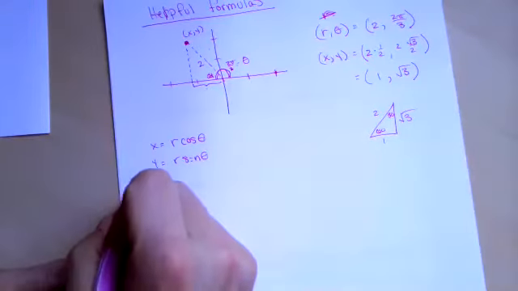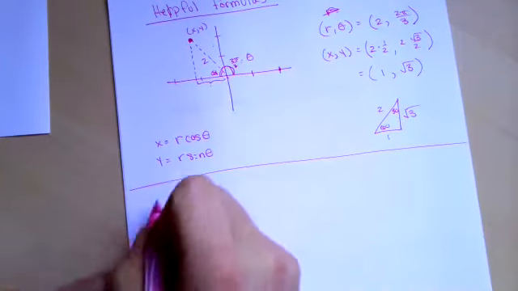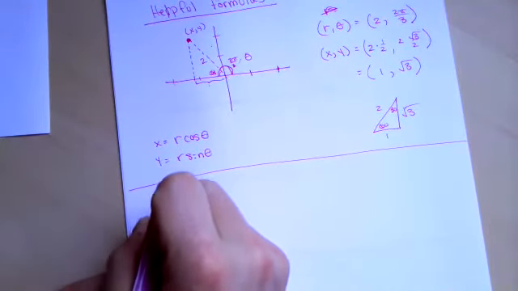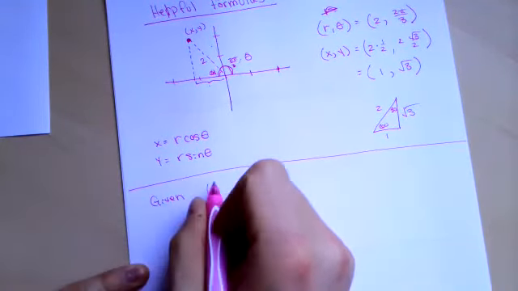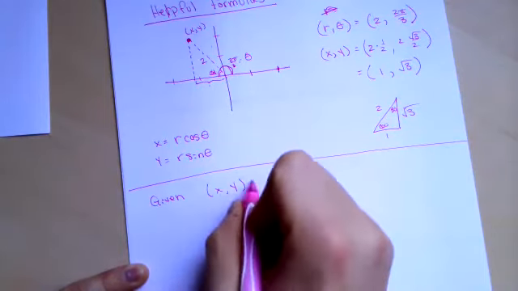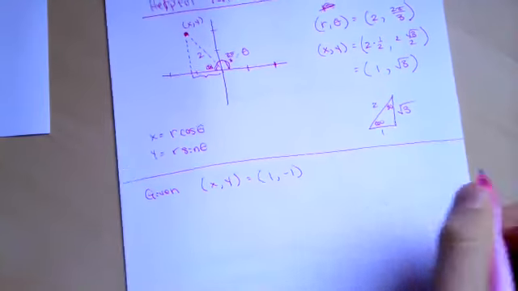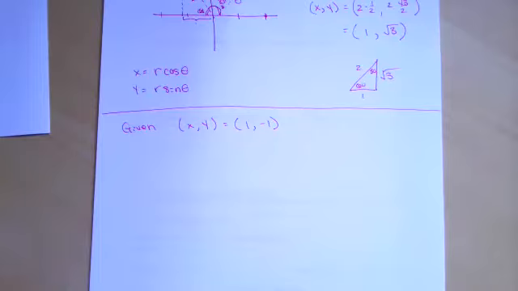Conversely, if I'm given a point in rectilinear coordinates, if my xy coordinate is (1, -1), how do we find polar coordinates for it?